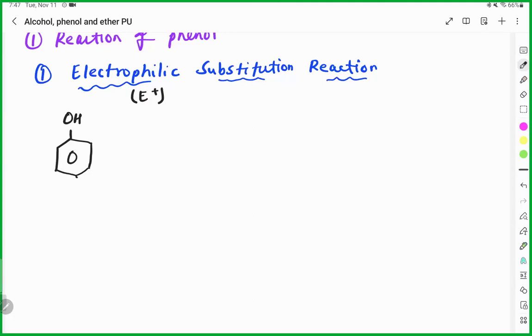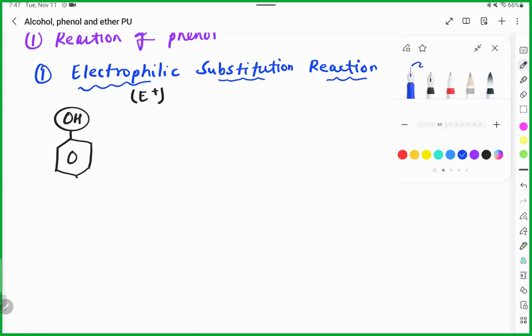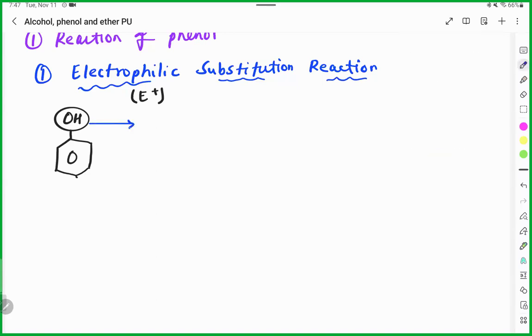And to get more charge, what should be the nature of OH? Should it show plus I effect or plus R effect? Which one is it showing? For the OH of phenol, there is the inductive effect and the resonance effect.